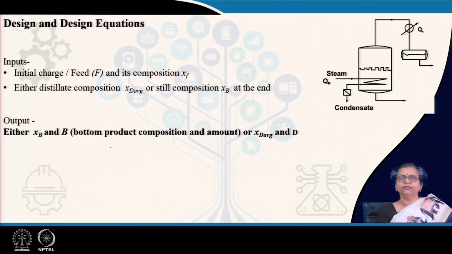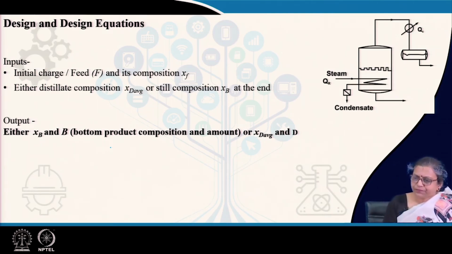Well, so once we have understood the instrumentation and the cycles of operation of a batch, definitely this is a design class. We would like to come to the design equations. As I have already mentioned to you, the main specialty of the design equations is that this is an unsteady state process. Therefore, most of them will be written in the form of differential equations.